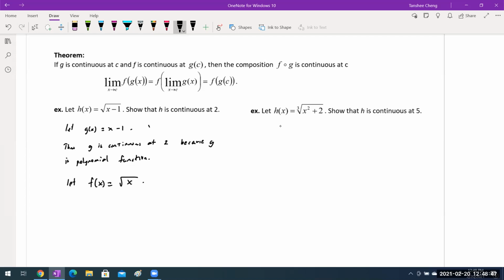So you can say that g of x is greater than... let me just point this out because we only want to show that it's at 2 only. So g of 2 is equal to 1, right? So that is within the domain of f, right? g of 2 is within the domain of f that we're defining right here.